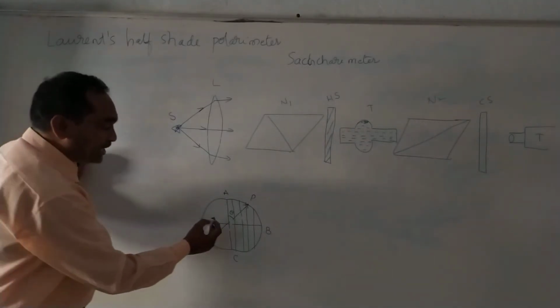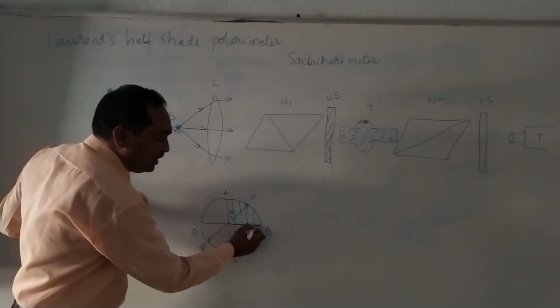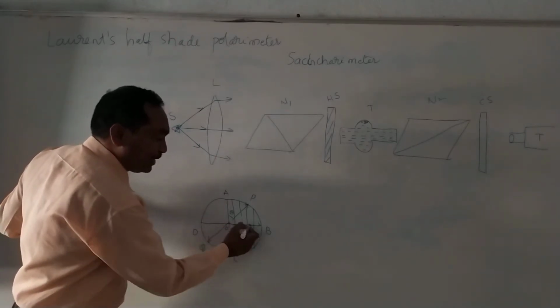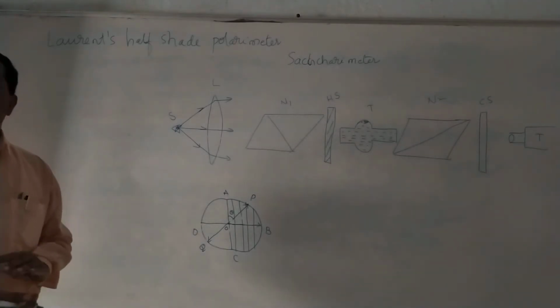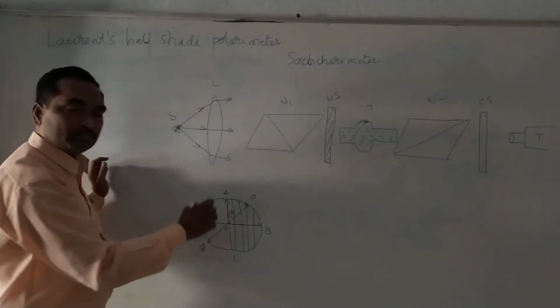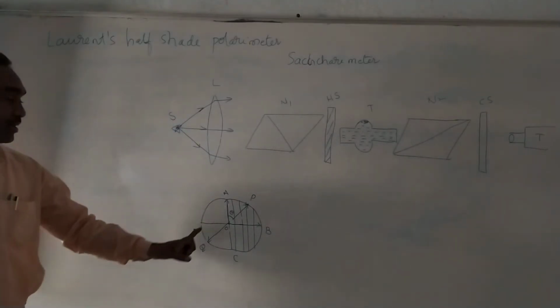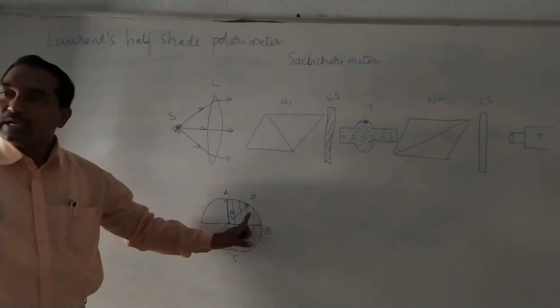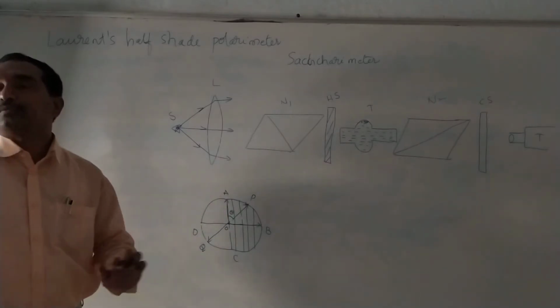The ordinary component is along the direction of B, that is, along OB, and the extraordinary component acts along OA. Ordinary component is along OB, extraordinary component along OA.